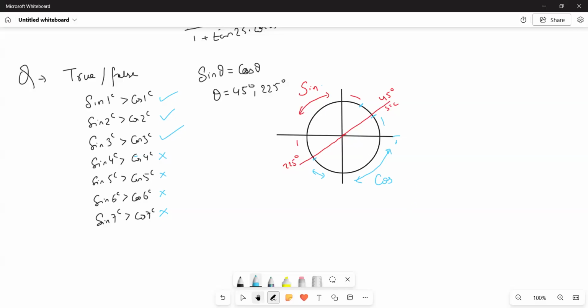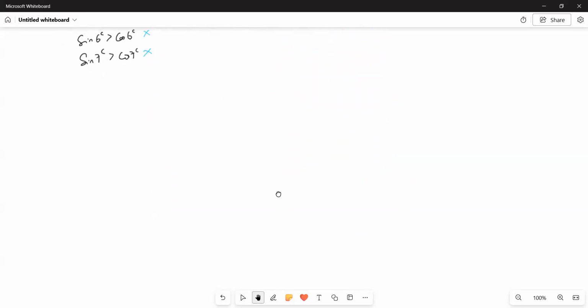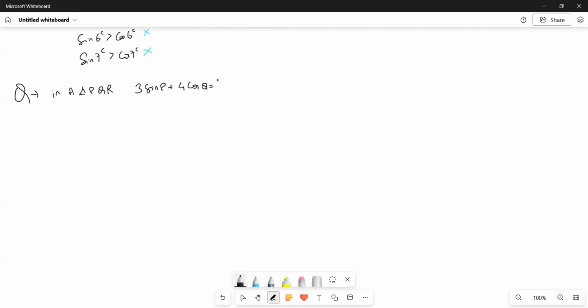सर डीपीपी का एक क्वेश्चन में डाउट है। करते हैं एक एक क्वेश्चन पहले। राइट आउट क्वेश्चन, एक काफी इंटरेस्टिंग सा क्वेश्चन मिला है। Question: in a triangle PQR, 3 sin P plus 4 cos Q is equal to 6 and 4 sin Q plus 3 cos P is equal to 1.